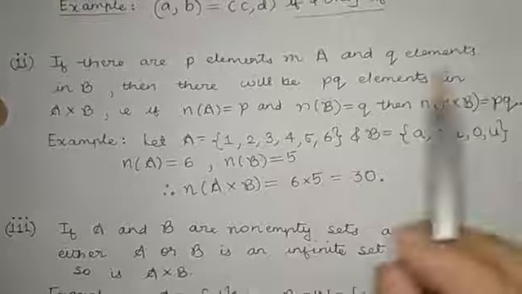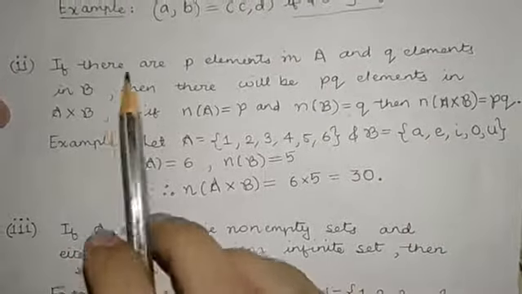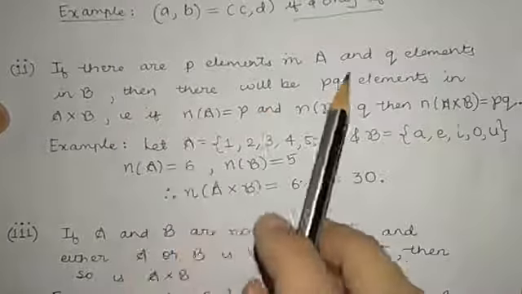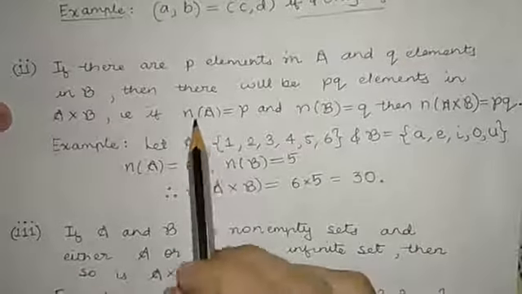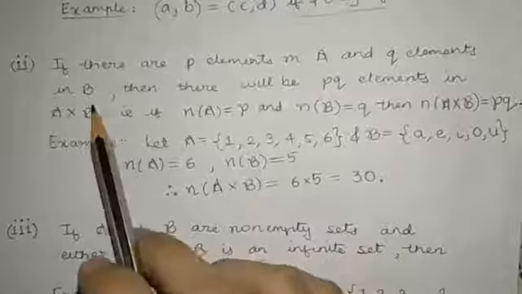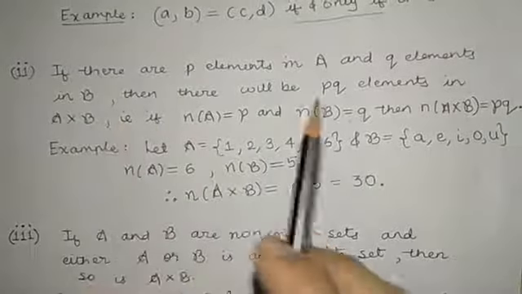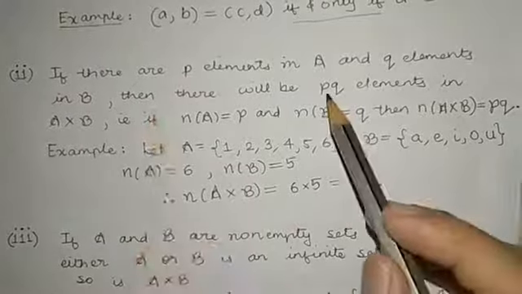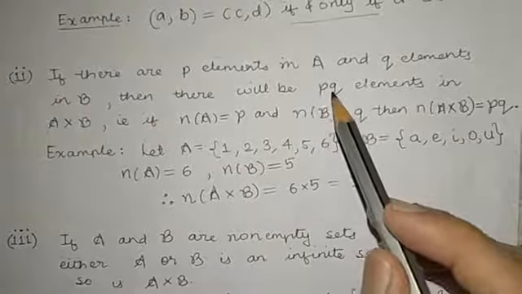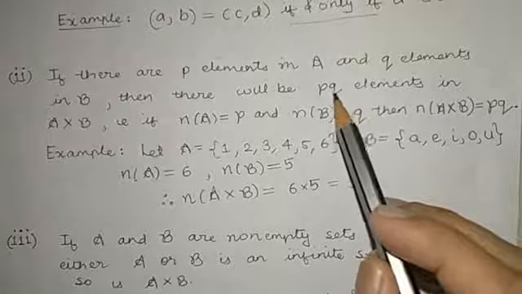Now let us go to the second remark. If there are P elements in A and Q elements in B, so there are P elements in the set A and Q elements in the set B, then there will be PQ elements in the set A cross B. How many elements will be there in A cross B? There will be P multiplied by Q elements.